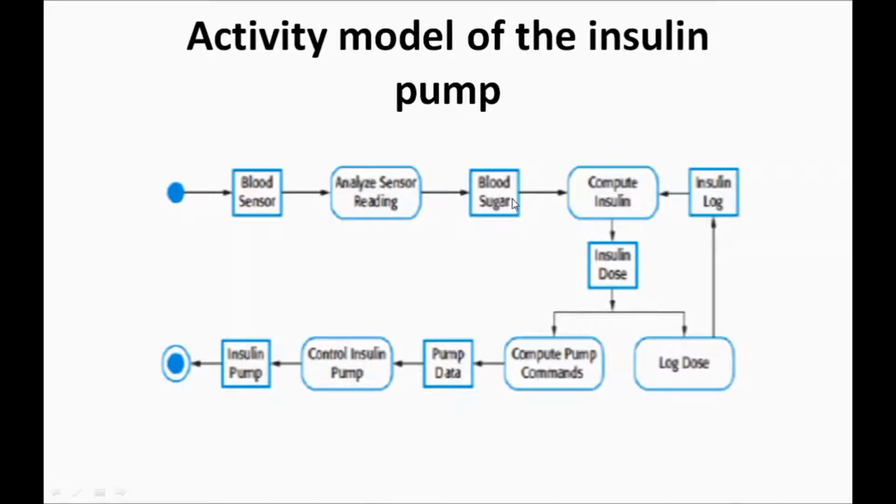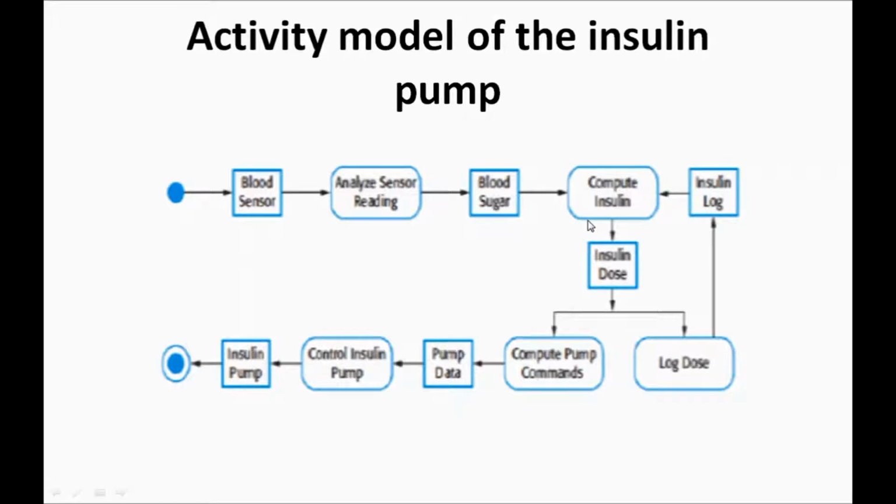Once the blood sugar level is calculated, you can easily compute the amount of insulin that is needed for the patient, right? After computing the amount of insulin, it will log that. Log means it will store that information. Suppose a user wants to see, the next time, how much insulin he took. That information will be there in the insulin log.